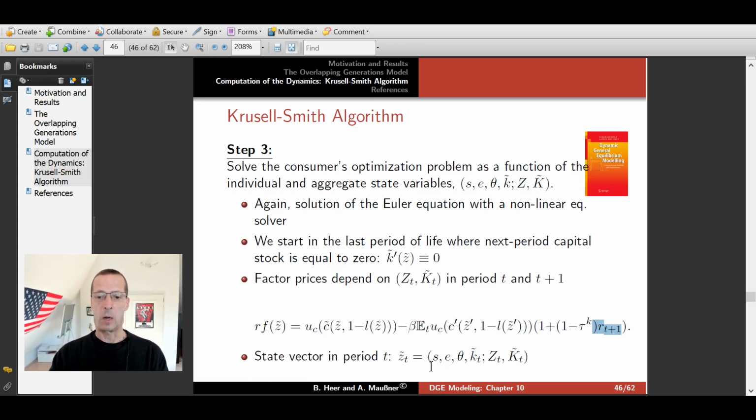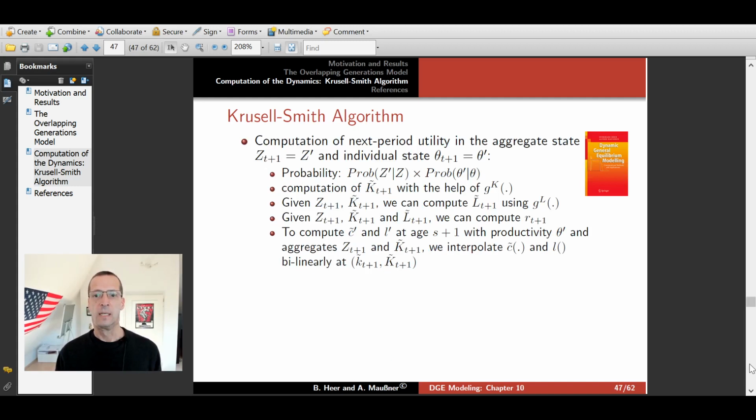The state vector is now a 6-dimensional one: h, s, permanent productivity e, idiosyncratic productivity theta, individual wealth k, aggregate technology Z, aggregate capital K. Now we compute the solution as in the case of the non-stochastic steady state, but now we have to account for the fact that there is a transition probability of aggregate technology Z, which is provided by the Markov transition probabilities prob(Z' given Z).